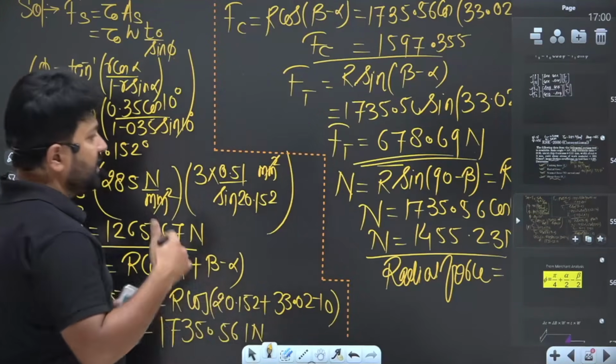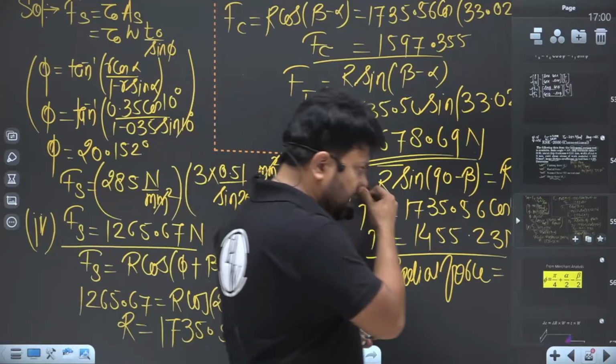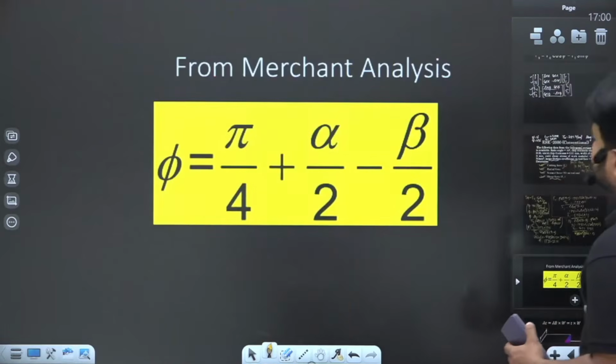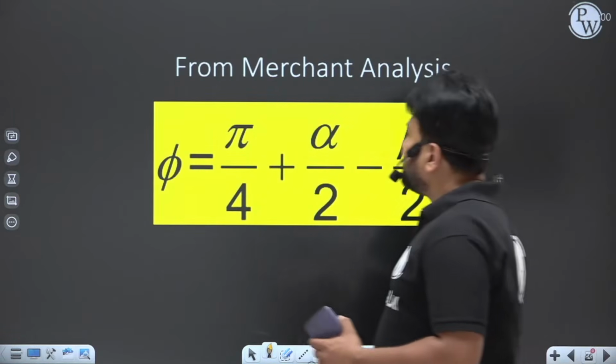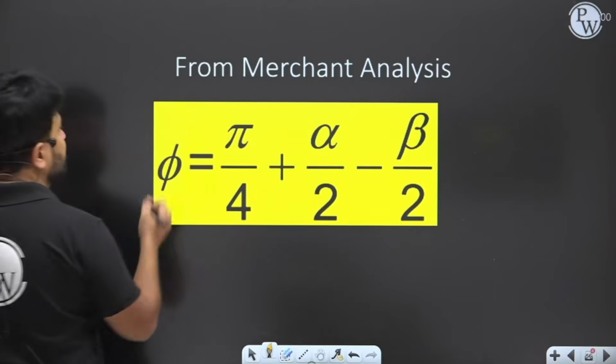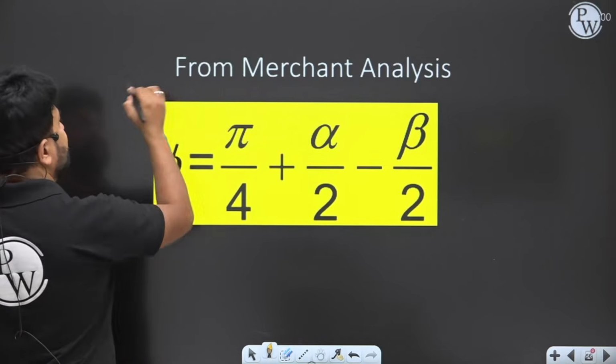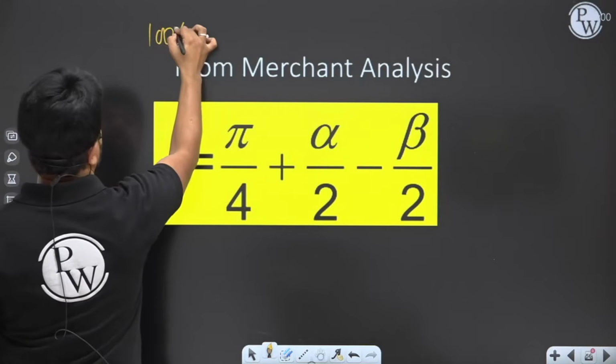Now, okay, let's move to the next slide, my dear. That is the merchant analysis. What will merchant analysis say? Merchant analysis is a minimum energy analysis, based on 100% conversion.